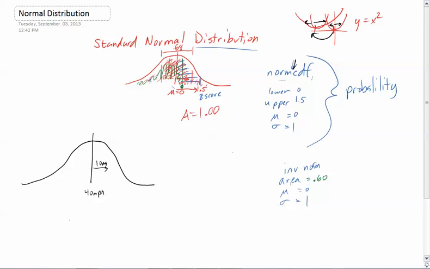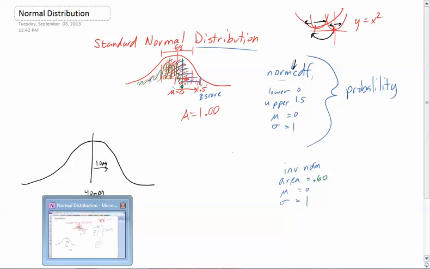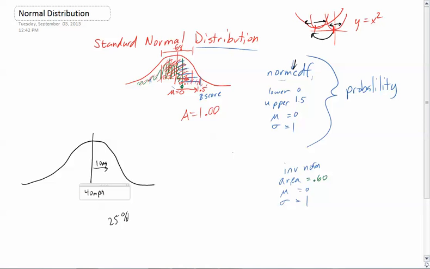So like if I wanted to know, what speed are 25% of the cars going slower than, right? The first quartile. What is the maximum speed of the first quartile? The first quartile is the first 25% of cars. And so if I wanted to know what speed was the fastest of that first quartile, I need to find out where the 25% takes place.